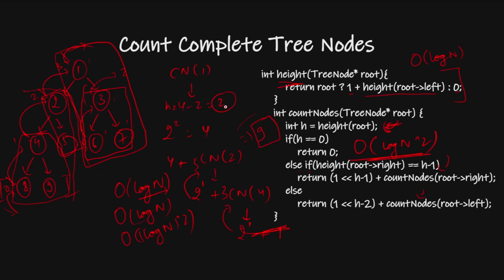Because if I make log n calls for this function, and for each one I again make log n calls for height, the number of calls in my call stack will be log of n for this function and log of n for my height function. So overall the space complexity of this function call stack will be log of n square.